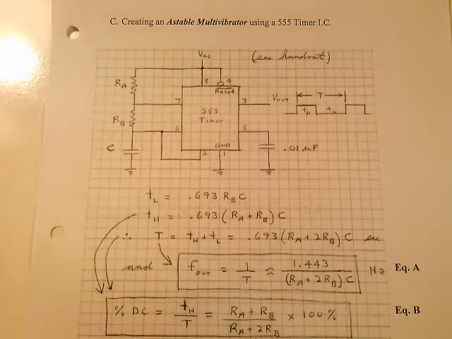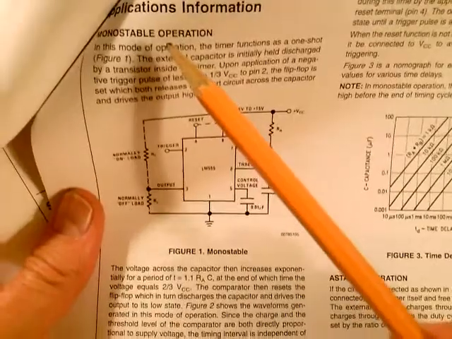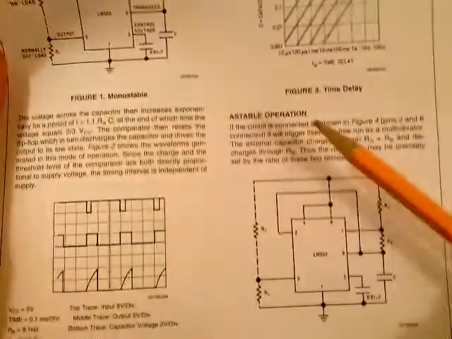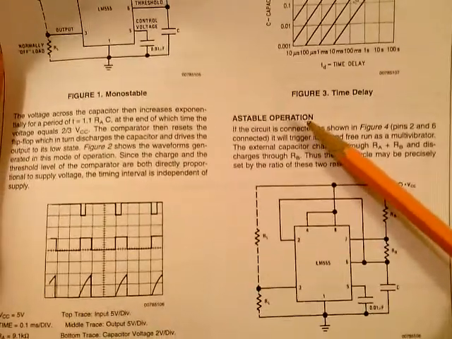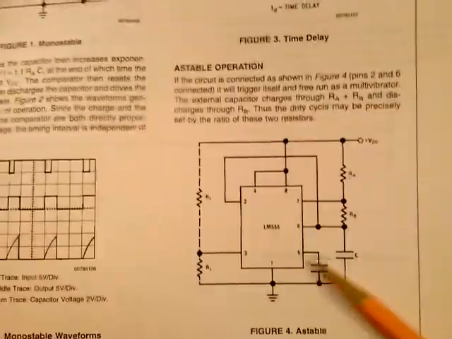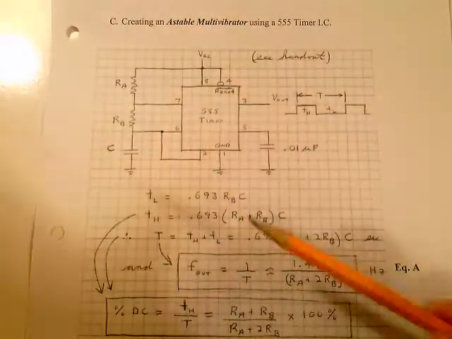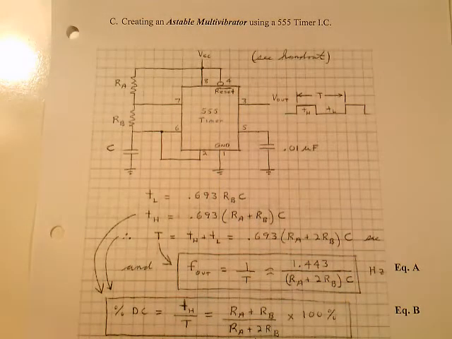On page 7, you'll see in your application notes that this is the monostable operation. It's the next lecture. But here's the astable circuit. If you want to connect this as an astable, free-running oscillator, clock circuit, this is the way you do it. And on the following page, it gives you the equations that I'm going to give you right here.